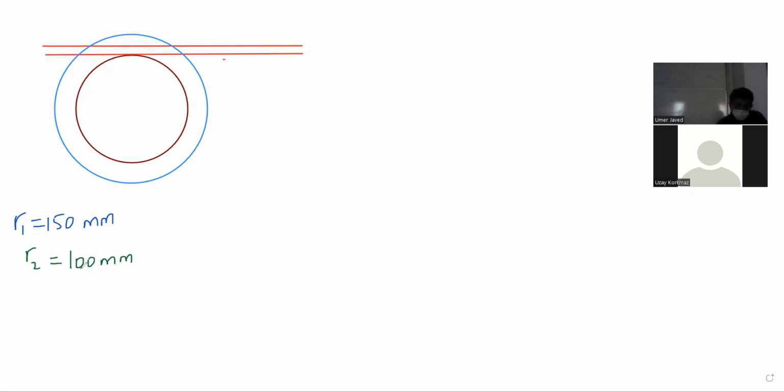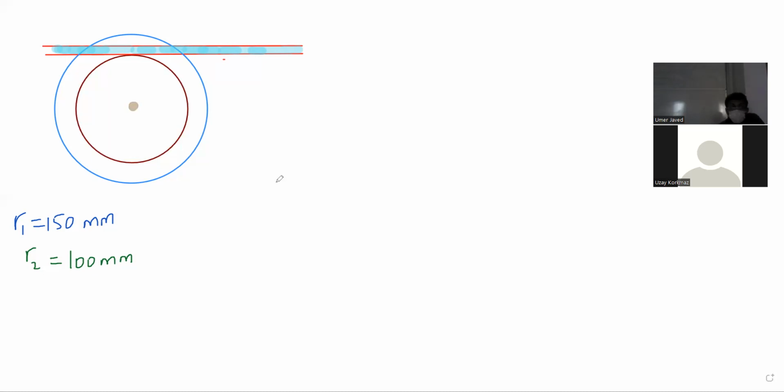Let me use a color. This is your rack, and this is the pinion. The other one is the pinion. The question says that this is my center.